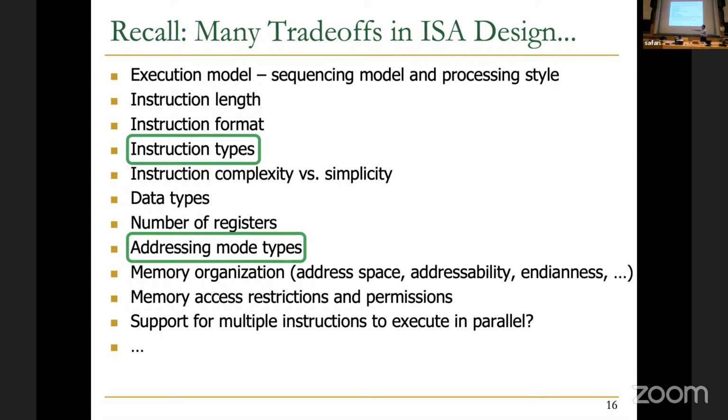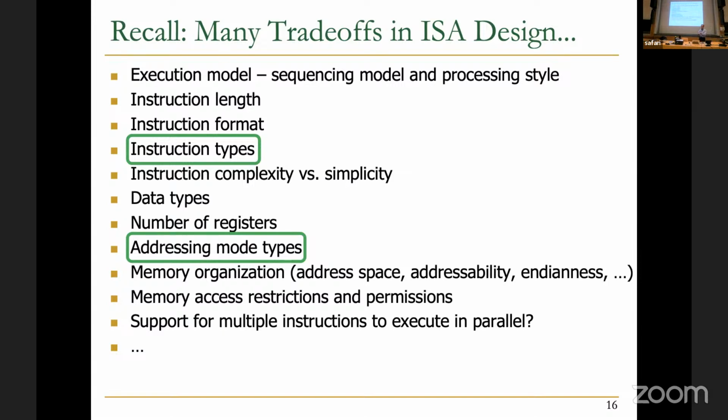We especially talked about instruction types and addressing mode types and also data types over there and the complexity of them. We're going to see that again. Basically, you can choose your instruction set architecture to have complex instructions, complex data types, and complex addressing mode types that makes your instruction set closer to the high-level language, which makes it easy for the compiler or the programmer to compile down from a high-level language into the instruction set architecture.